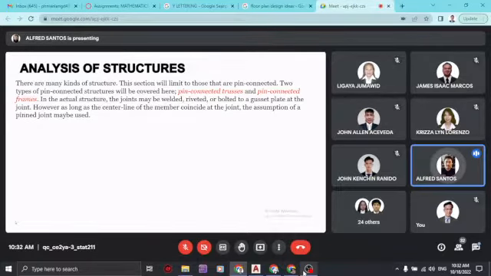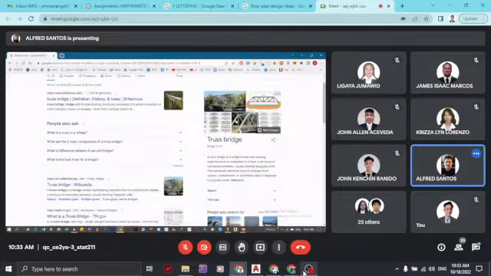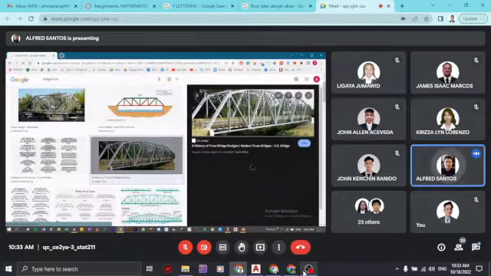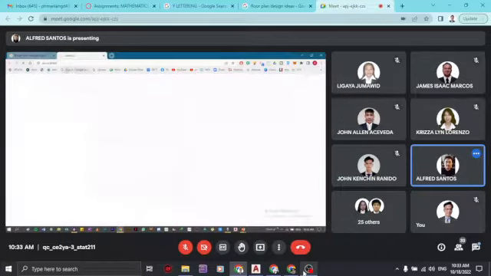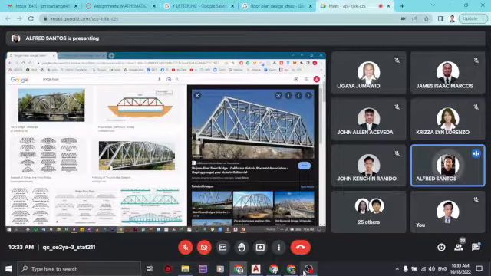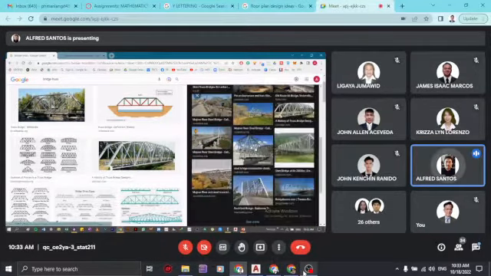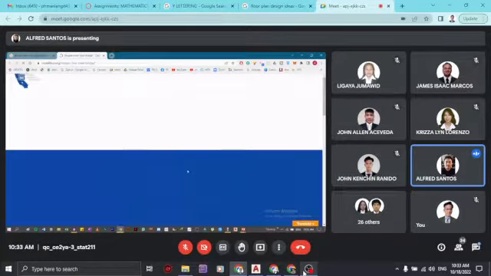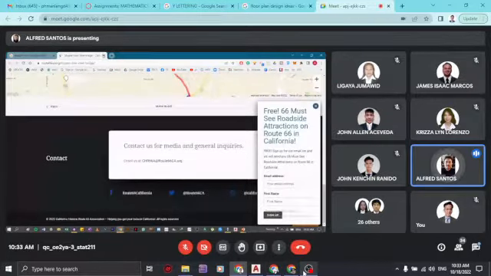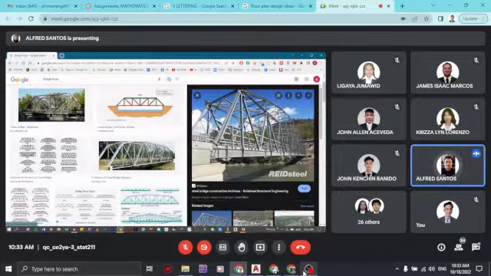If you look at samples of bridge trusses, sometimes they are welded, and then sometimes bolted into a gusset plate. Have you seen a bridge truss already? Let's see if we can find one with bolts. The picture is a bit blurry, but their connections are sometimes bolted, sometimes welded, or sometimes riveted. But most of the time they are bolted. There are bolts there. Anyway, try to look for it yourselves. But sometimes they are bolted, riveted, or welded.